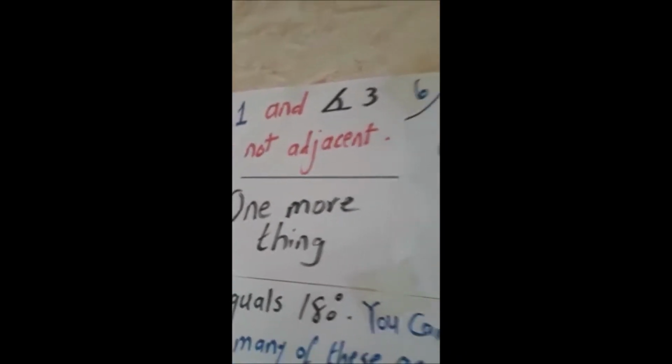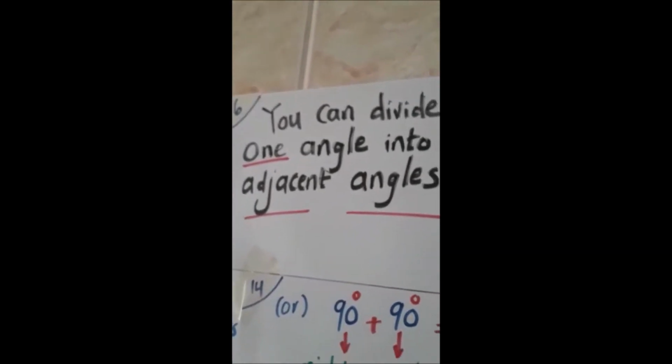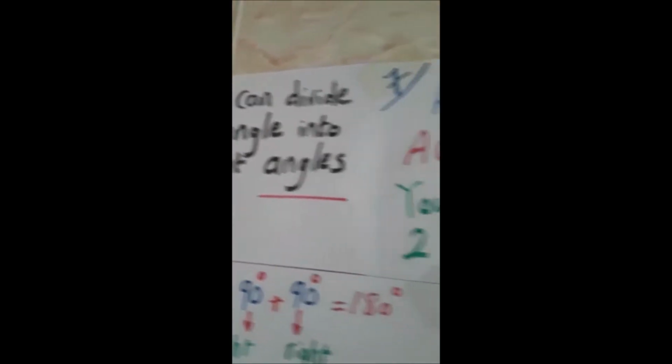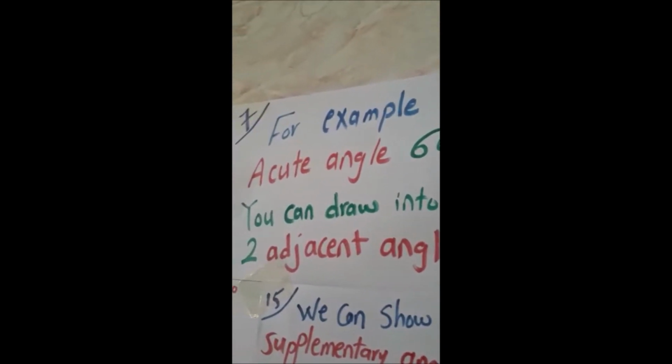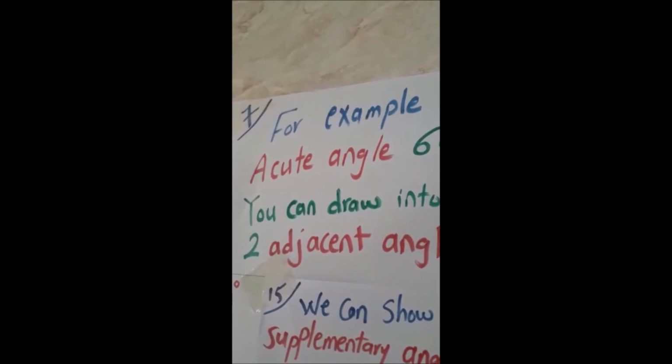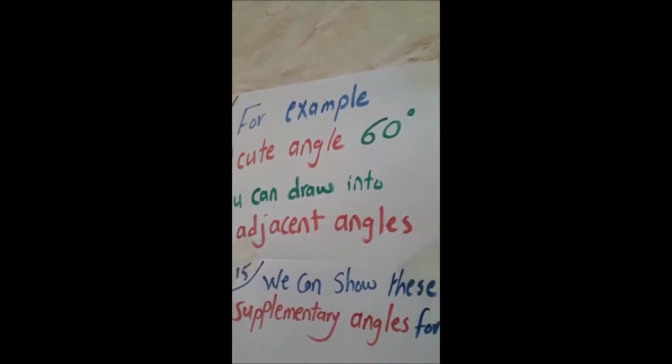One more thing, can we divide any angle into adjacent angles? Yes. For example, if we take this angle of 60, as you see, it's an acute angle. You can divide this angle into any two adjacent angles.